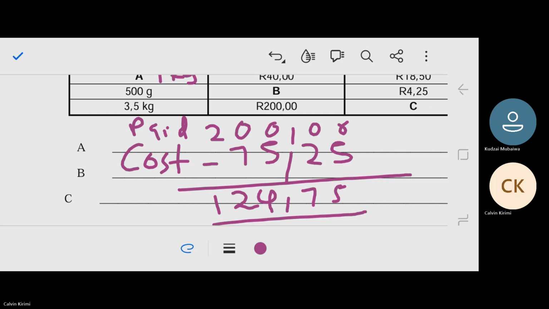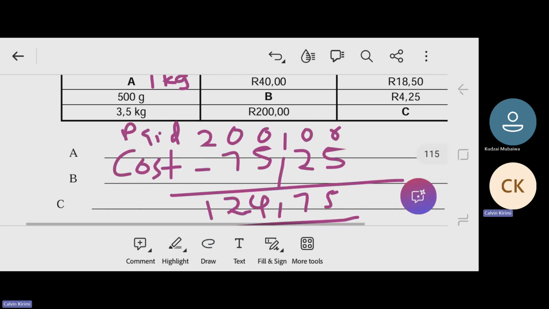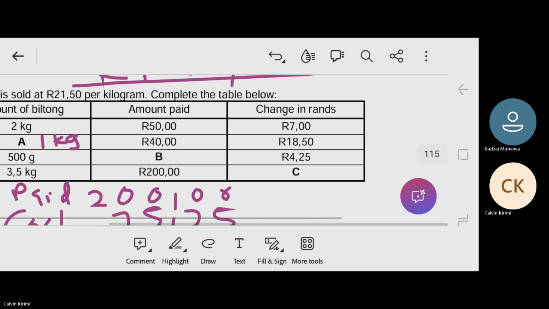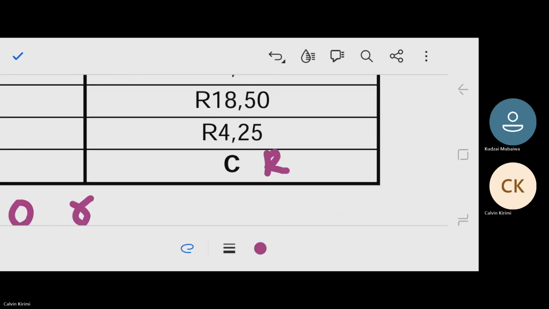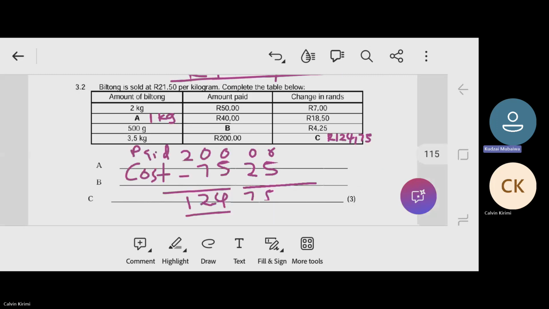So you see it is 124 rands, 75 cents. That's it. Yes, sir.